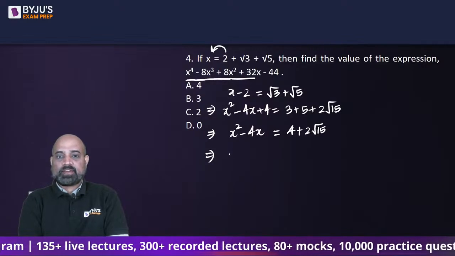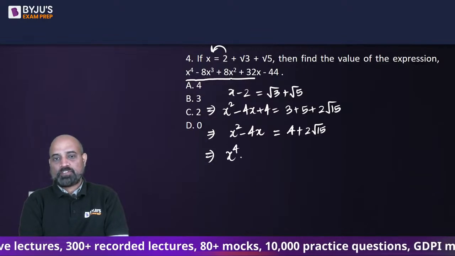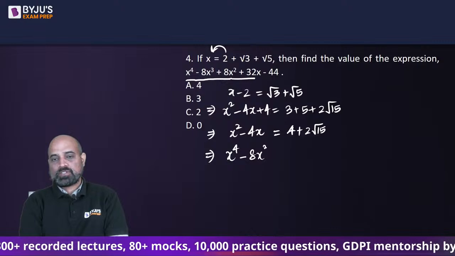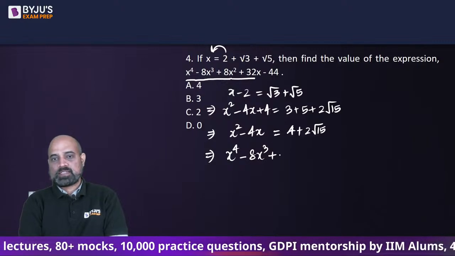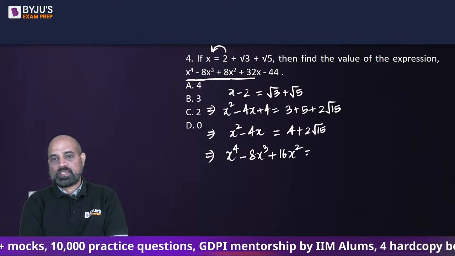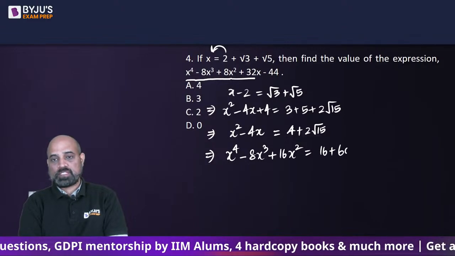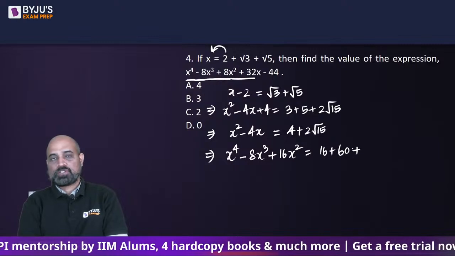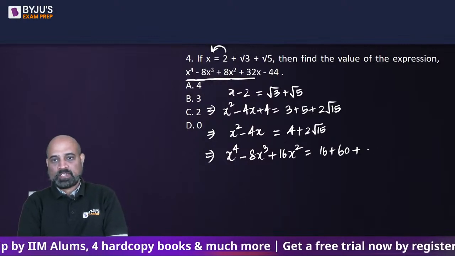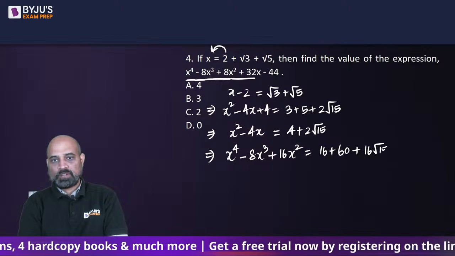So if I square again, I'll get x to the power 4 minus 8x cube plus 16x square. This is equal to 16 plus 4 into 15, which is 60, plus 2 into 4 into 2, that is going to give us 16 root 15.